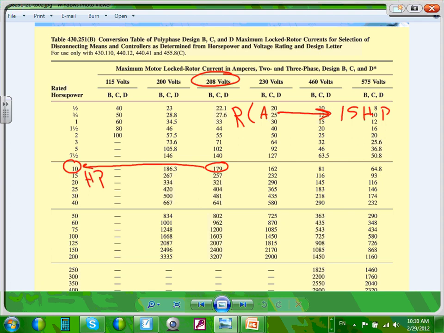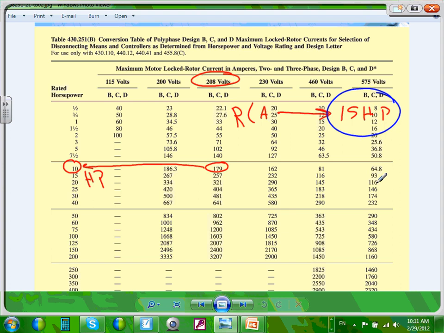Which one do you think we're going to be using? The largest. Disconnects are sized two ways, horsepower and amps. Horsepower, we use this table to size based on the locked rotor current, and we use 430.250 to size based on the full load amp. And we choose the largest.